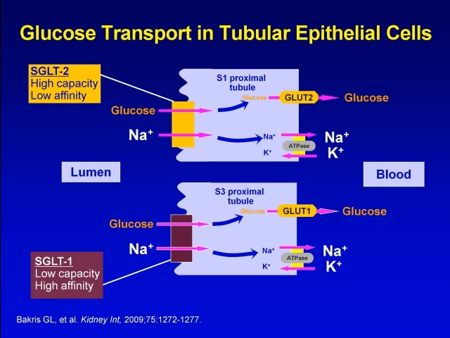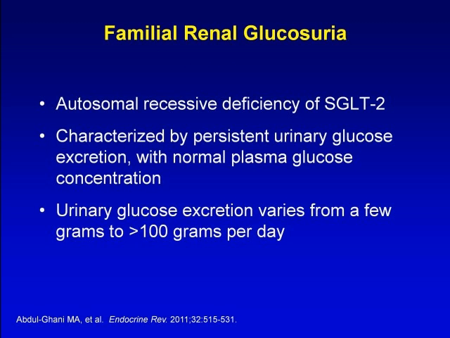SGLT1, as I said, is a low capacity, high affinity transporter, and therefore transports about 10%, and SGLT2 is about 90%. So we do have an experiment in nature that tells us what would happen if there was less or no SGLT2. Fortunately, there is a syndrome called familial renal glucosuria.